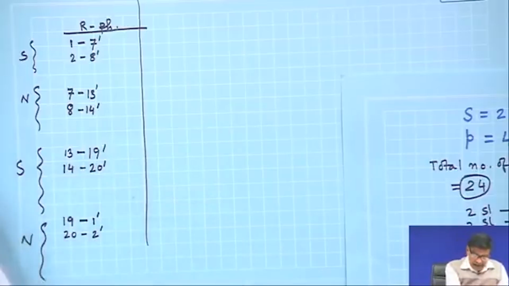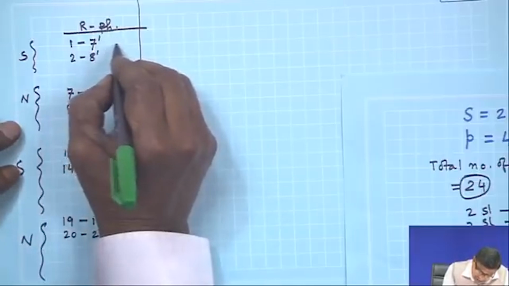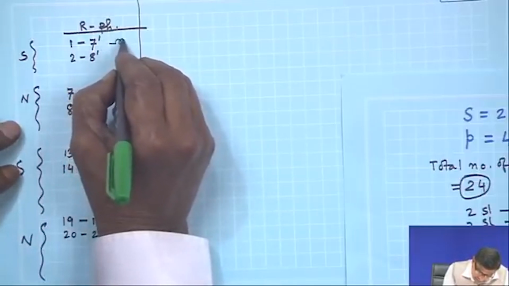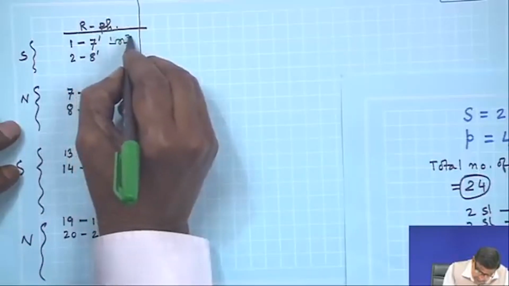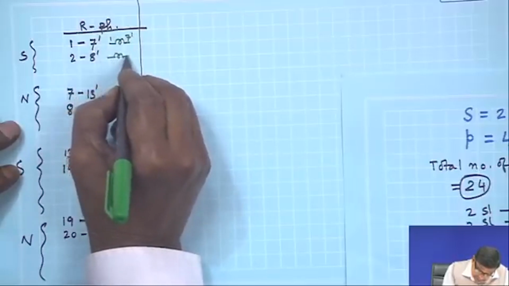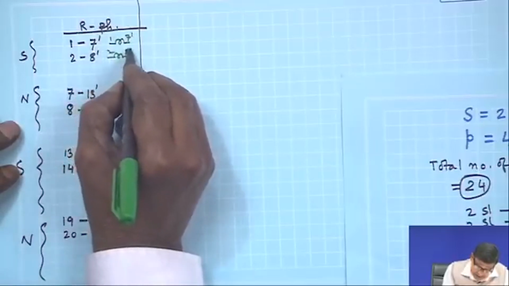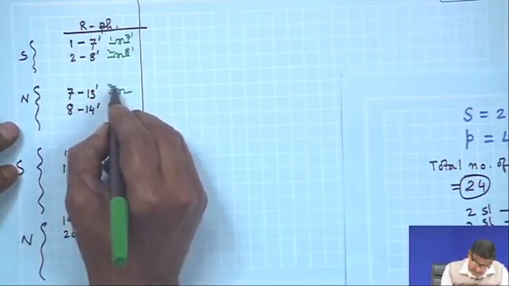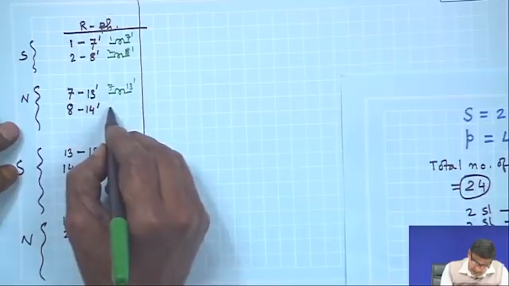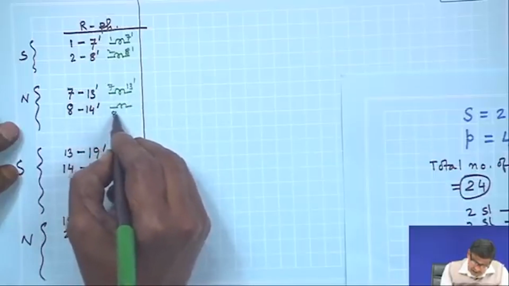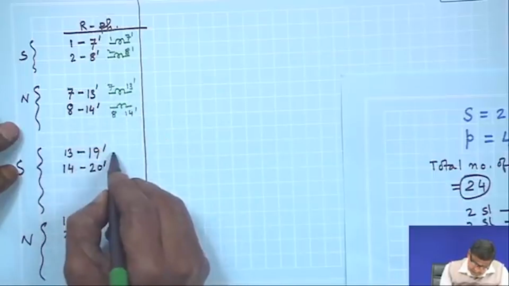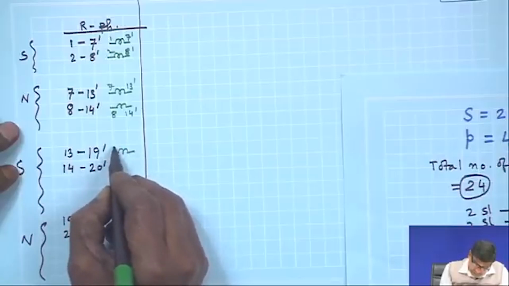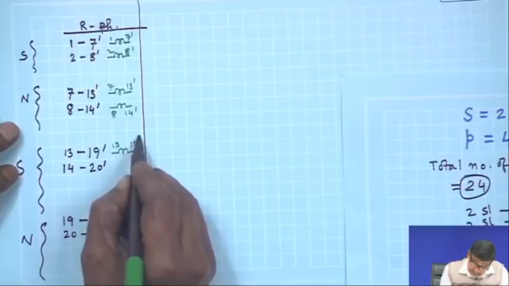And if I draw the coils and name them: 1 7 dashed, very interesting, 2 8 dashed, and this is 7 13 dashed and this is 8 14 dashed, these are 13 19 dashed.